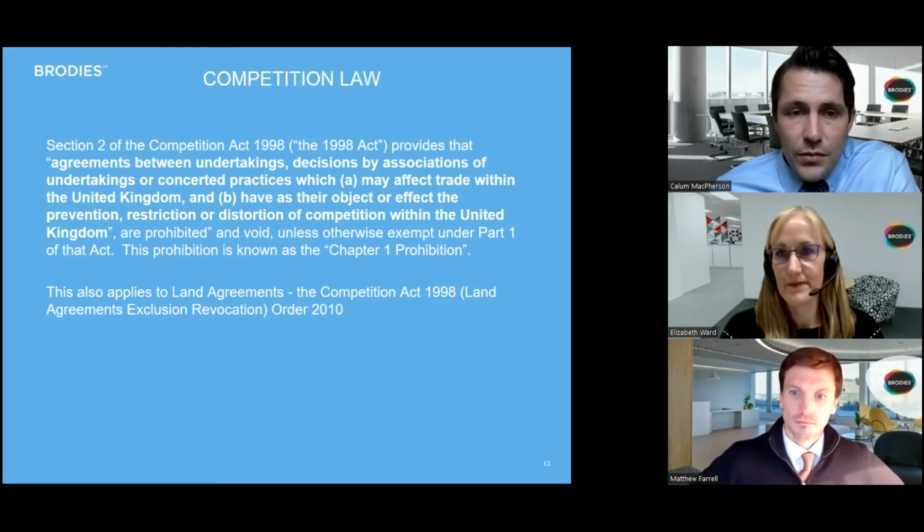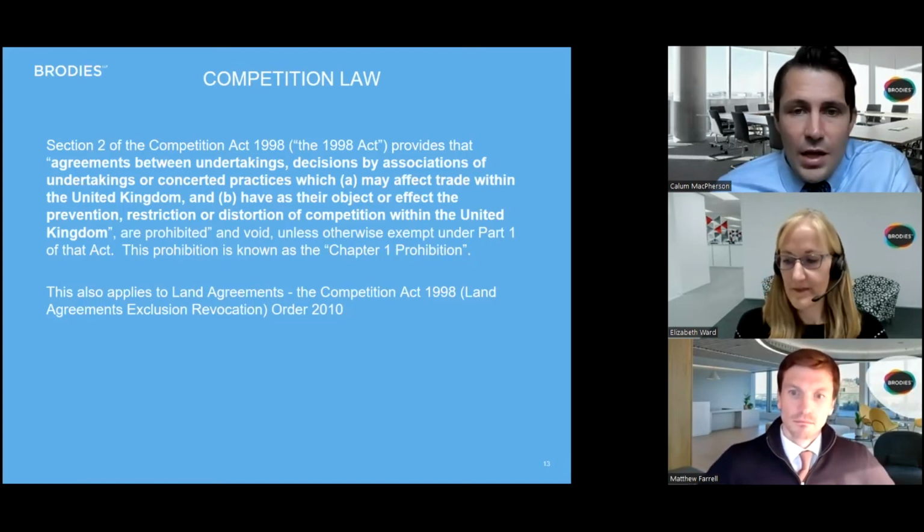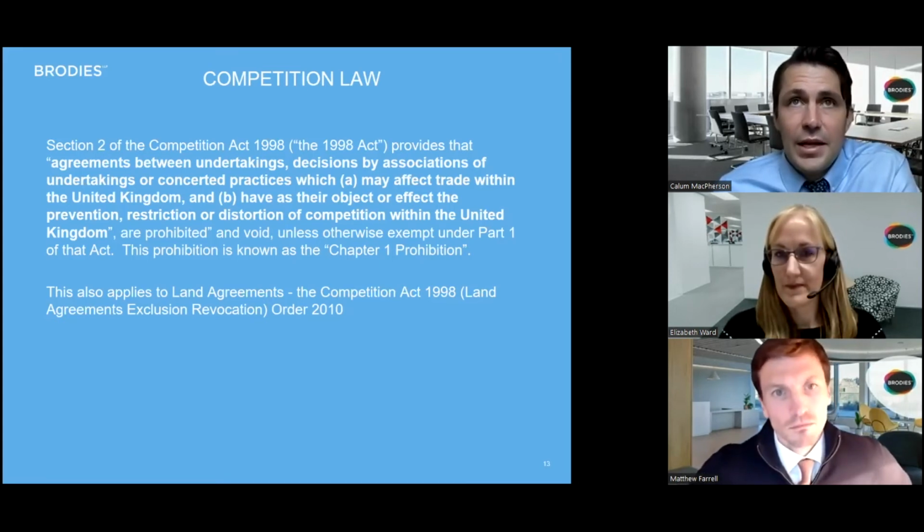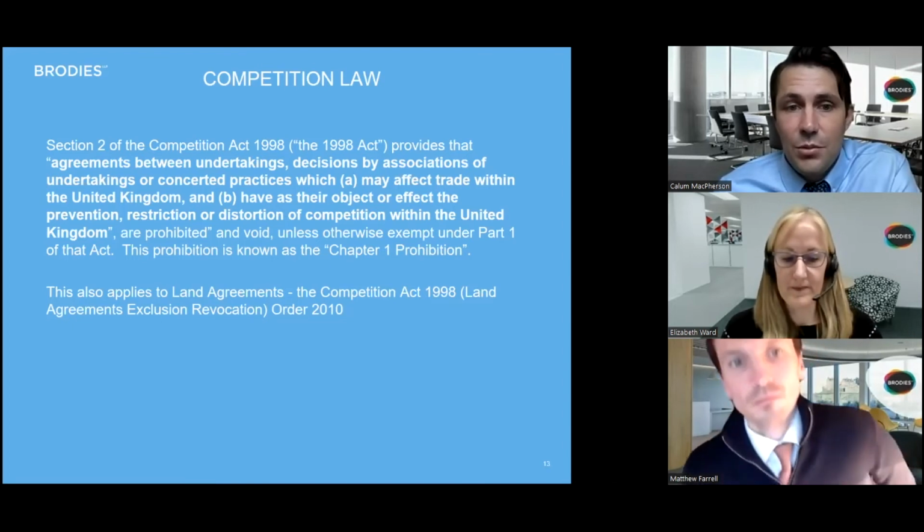So in our example, the burdened property is being prevented from being used as a supermarket, and therefore it can't compete with the benefited property.